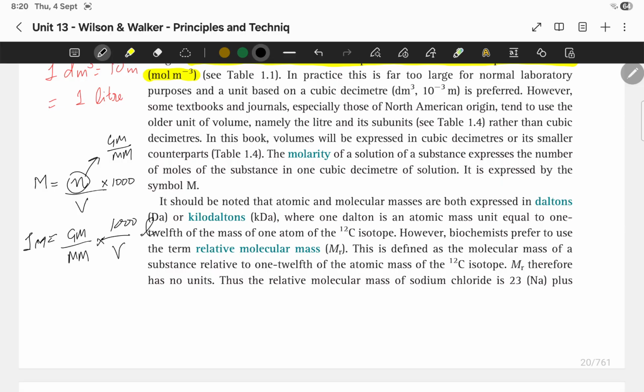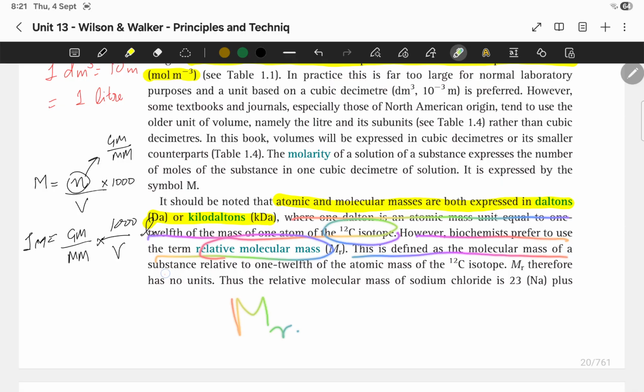Anyways, let's move on. It should be noted that the atomic and molecular masses are both expressed in daltons or kilodaltons. What happened to U? Who knows? There was this AMU which changed to U. One dalton is the atomic mass unit, equal to 1/12 of the mass of one atom of carbon-12 isotope. However, biochemists prefer the term relative molecular mass.